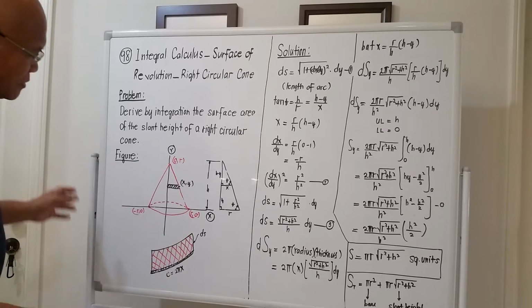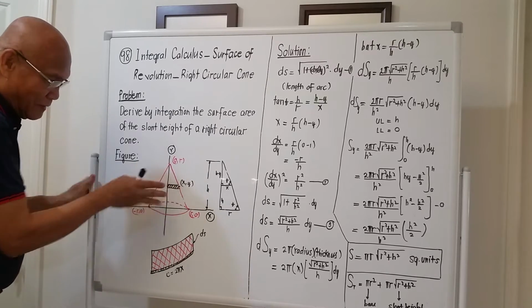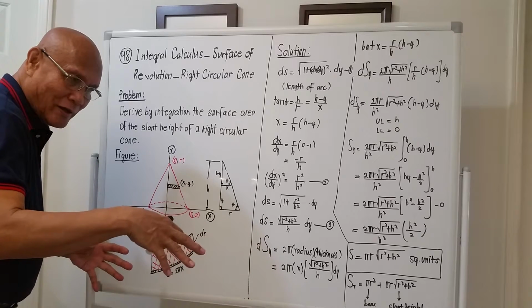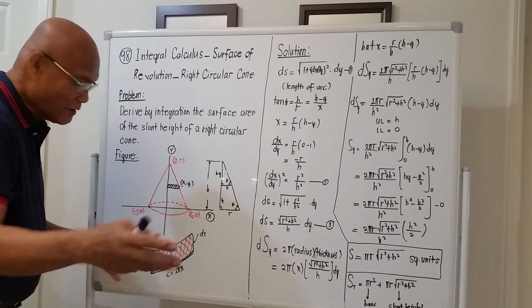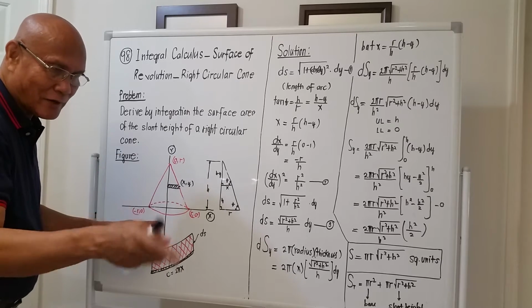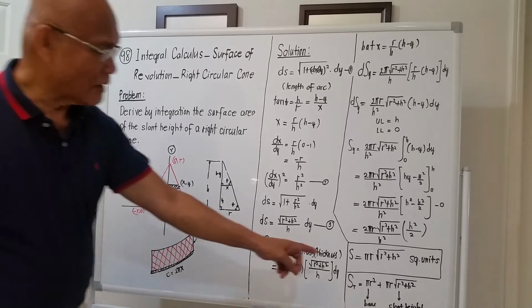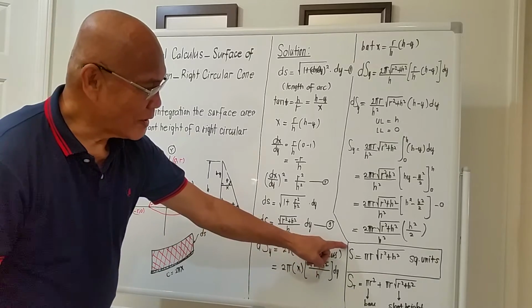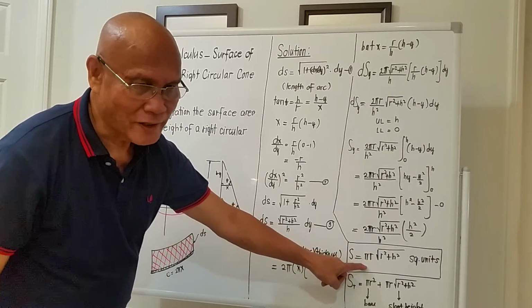The problem is asking for the total surface area of the slant height, meaning the surface area going around. And if the problem is asking also for the bottom area, there's no problem because the bottom area is just actually a circle. So actually, our answer here contains two equations. The first one is the total surface area involving the slant height.